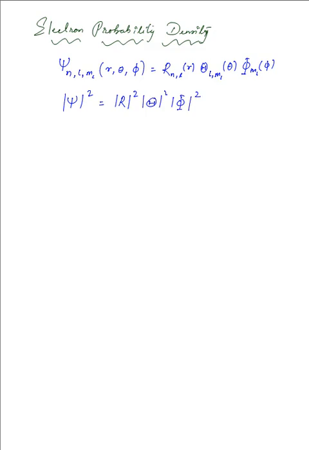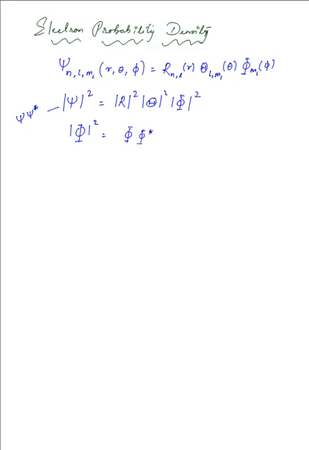Now, this psi squared is obviously psi multiplied by its conjugate. The azimuthal probability density, that is Phi squared, is simply equal to Phi multiplied by its conjugate.